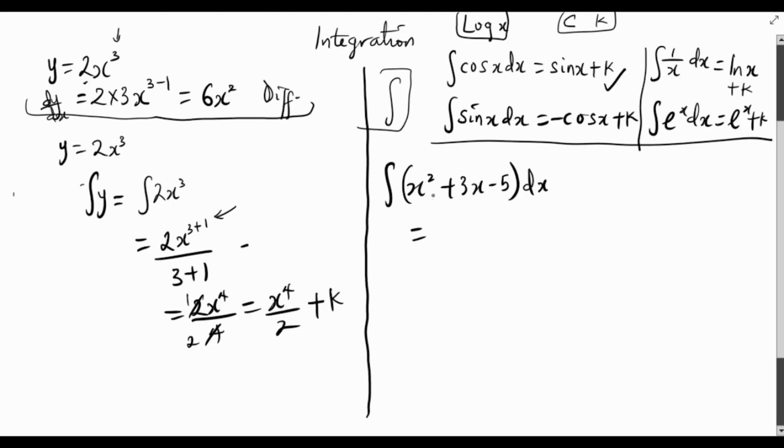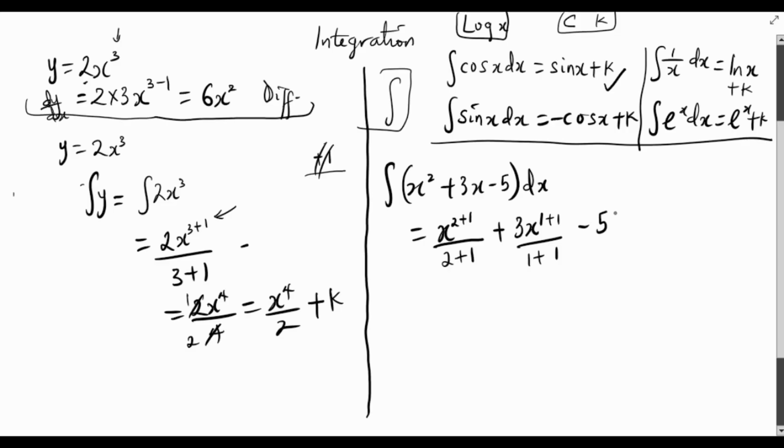We said in integration, add 1 to the power, also divide by that power you just added 1 to, right? So we have x to the power of 2, we add 1, 2 plus 1. We also divide by that 2 plus 1, plus 3x. Now, what's the power of x here? Any variable where the power is not visible, the power is 1. So this is 1 plus 1 divided by 1 plus 1, minus 5.